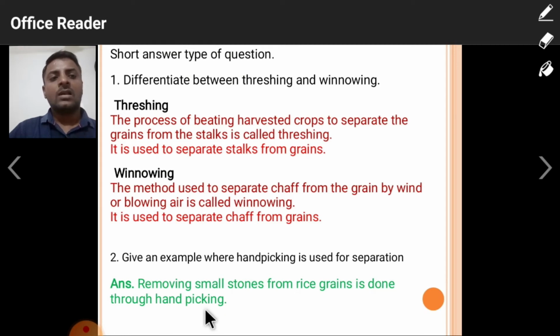Even in vegetables, if you don't want unwanted chilies, you can pick them out by hand. Or in a dish where you want to separate smaller size or bigger size, that can also be done.